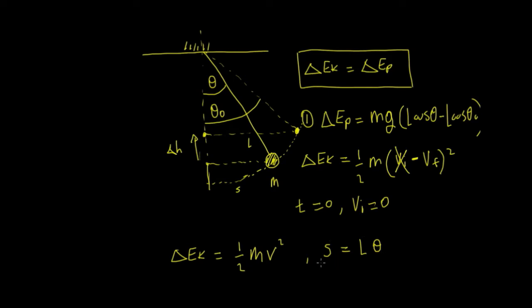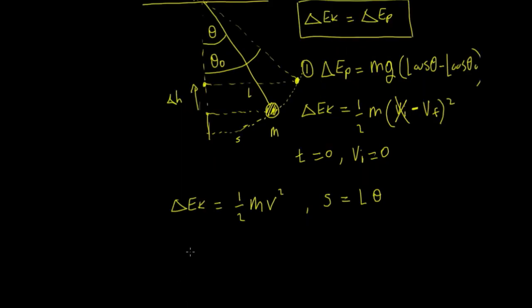If we're interested in angular velocity, we've got to differentiate that with respect to time. So ds by dt, we just use the dot notation, where s dot is going to equal, and if we differentiate the other side, L is a constant and the angle theta varies with time, so it's going to be theta dot.